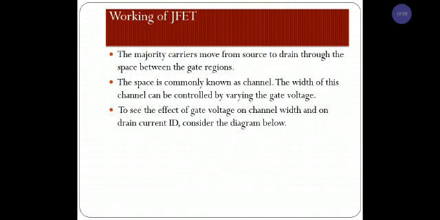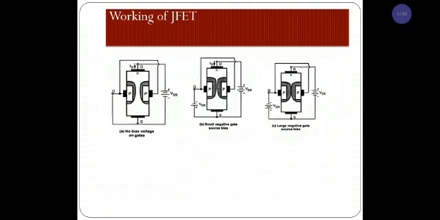To see the effect of gate voltage on the channel width and on the drain current ID, consider the diagram below. If you see this diagram A, there is no bias voltage on the gate. The schematic diagram is showing that there is no bias. They have not given any voltage to that particular material.